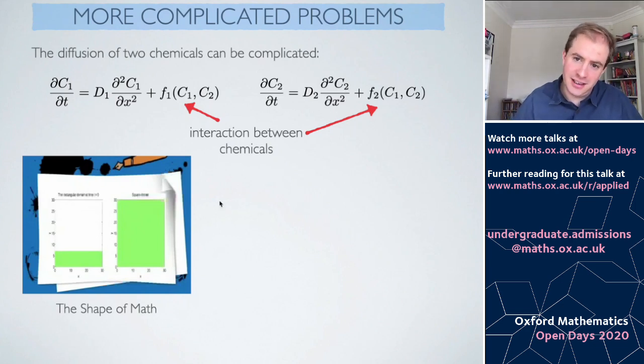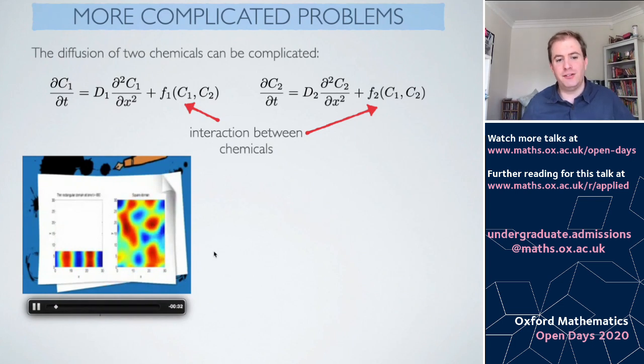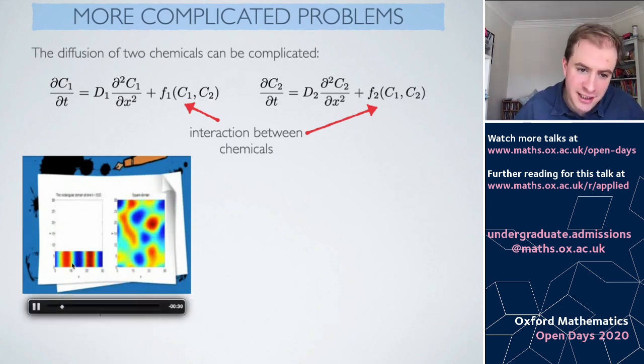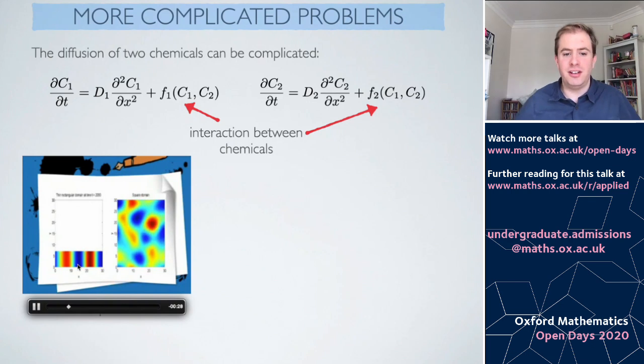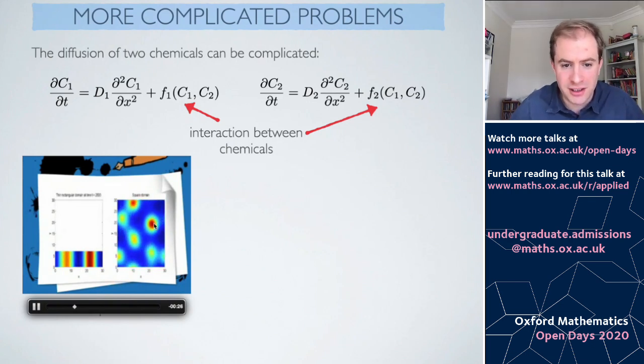And again, an interesting thing there is that the pattern that forms depends on the shape or the aspect ratio of the boundary. So I'm going to show you a movie in a second where we solve this pair of equations on a rectangular domain and on a square domain. And what you see is that the pattern that forms is very different. In the narrow rectangular domain, you end up with a series of stripes, whereas in the square domain, you tend to end up with spots.